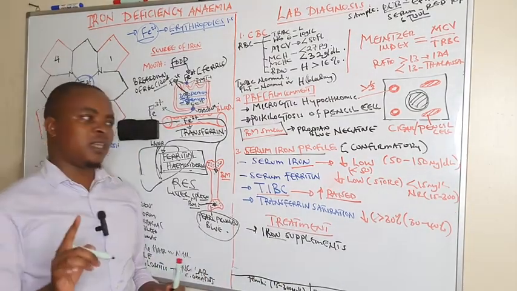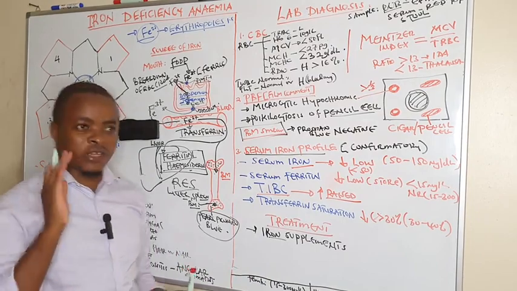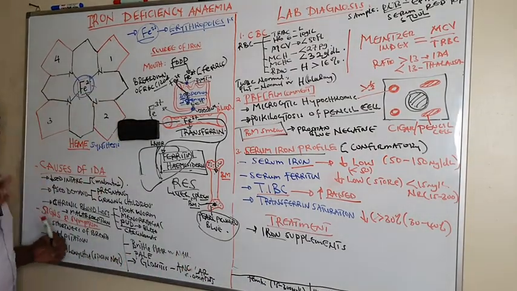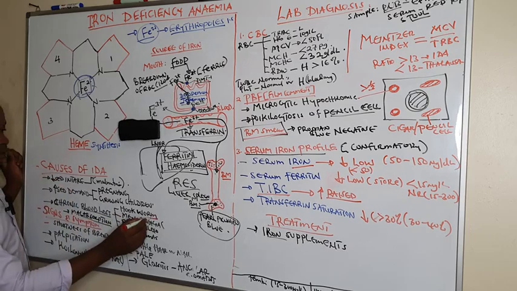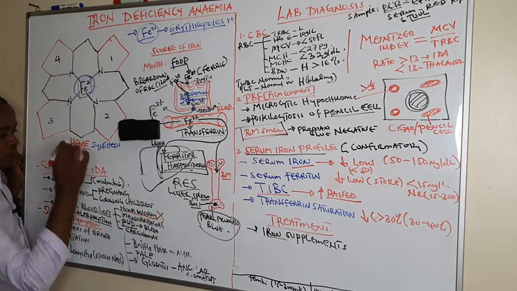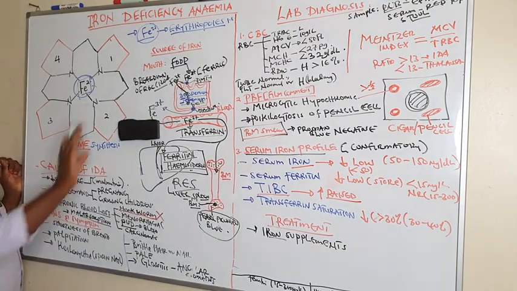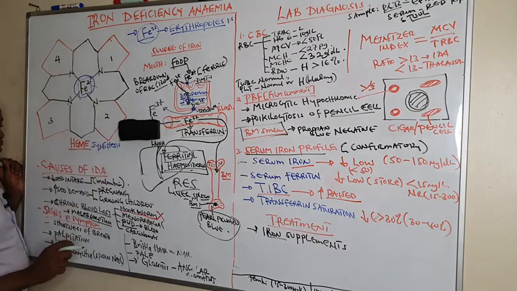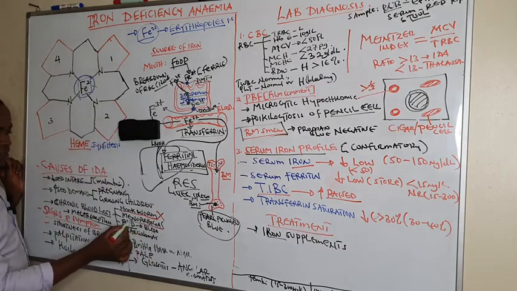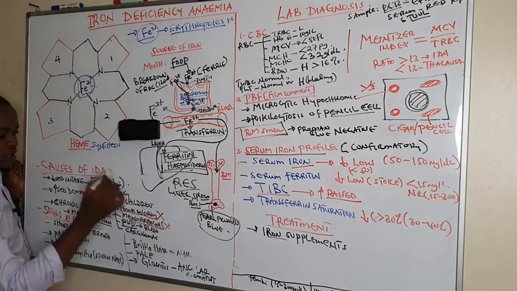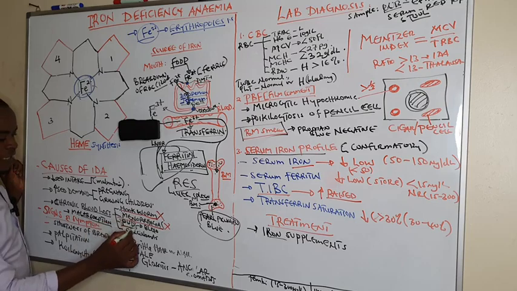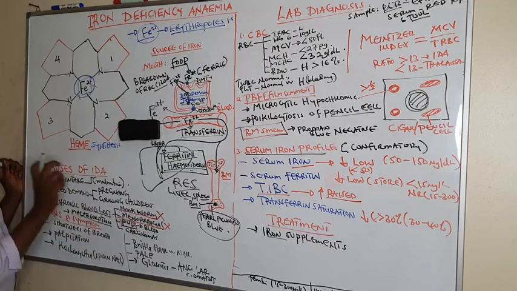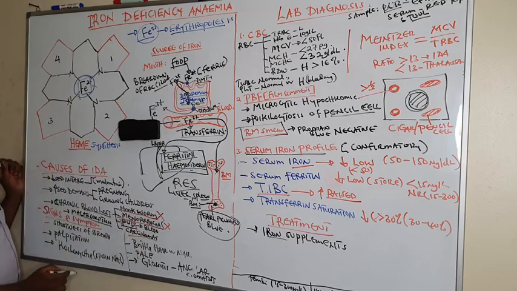But apart from that, it is better for a doctor to know the exact cause. If the cause is hookworm infestation, then you need to treat it first by deworming, whereby you do stool analysis. If the problem is menorrhagia, that is prolonged menses, then stop the bleeding. If the problem is PUD, that is peptic ulcer disease, treat the PUD or the carcinomas.